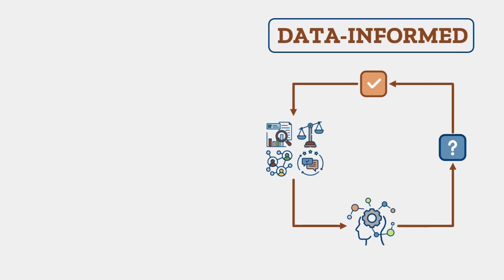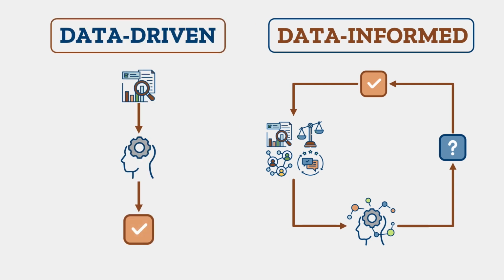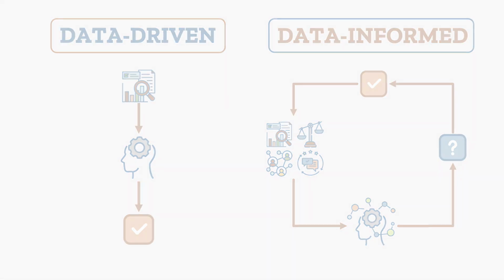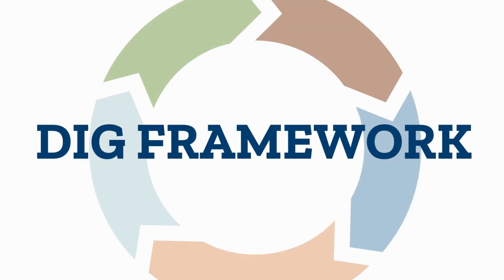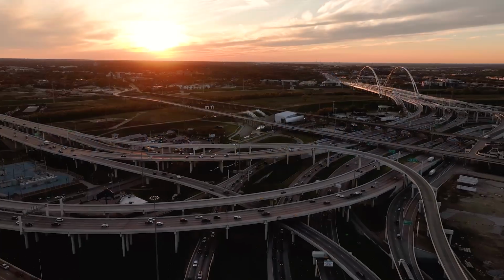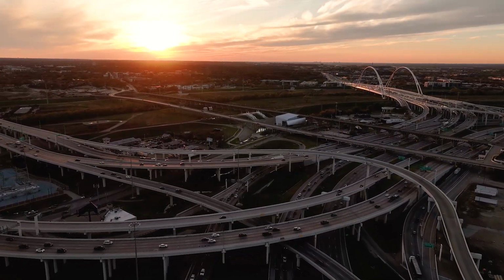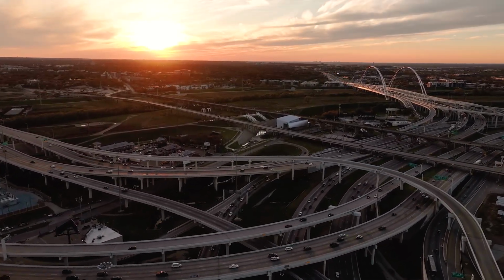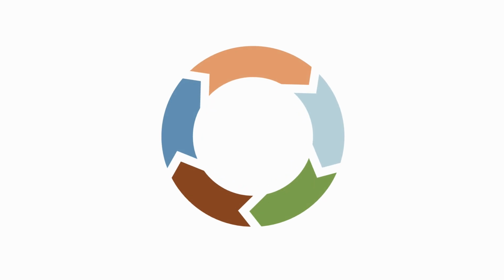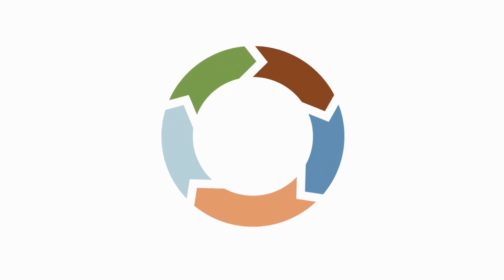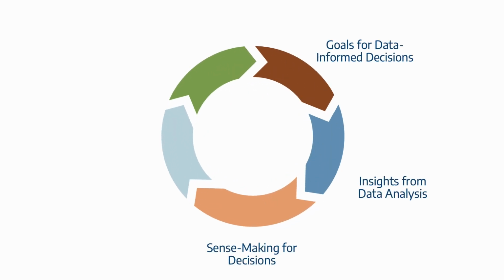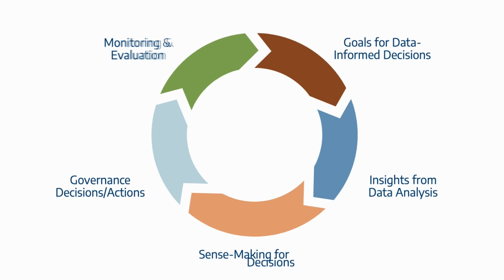With this distinction in mind, let's take a closer look at data-informed governance and the DIG framework. Data-informed governance involves using data and analytics to guide the college's decision-making processes in alignment with its goals, vision, and strategic plan. This approach is dynamic and involves an iterative cycle of data collection, analysis, decision-making, action, monitoring, and evaluation.